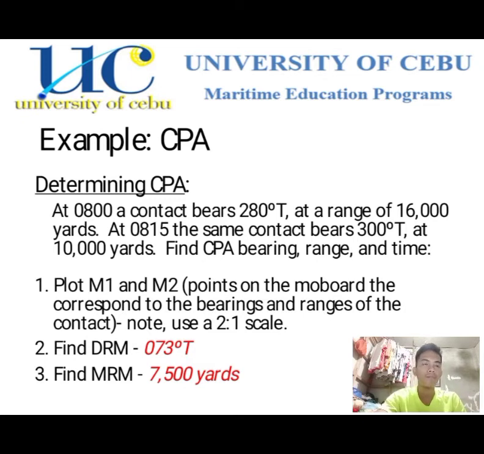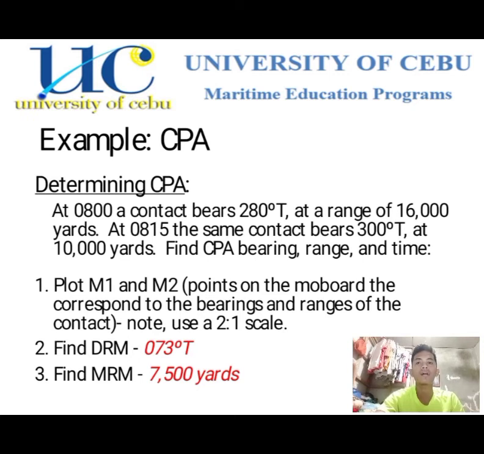So the same as we showed on the last slide, we have to get the M1 and M2, which we have 280 degrees true and a range of 16,000 yards, and the M2, which is 300 degrees true course and at the range of 10,000 yards.